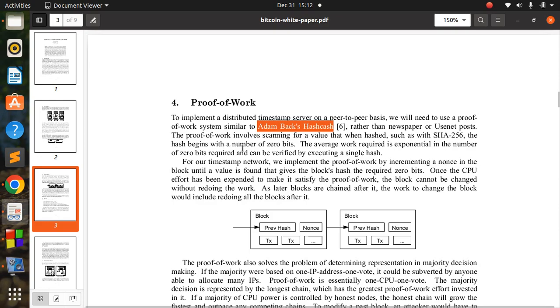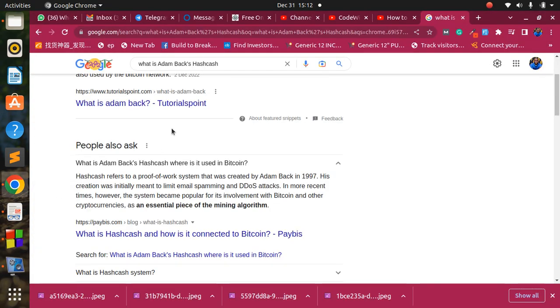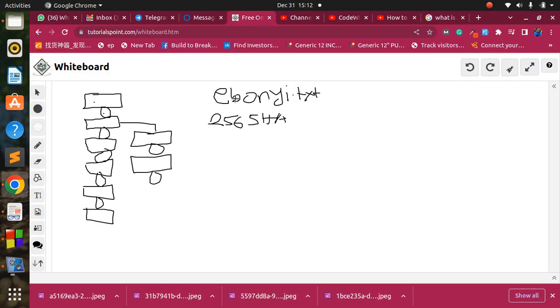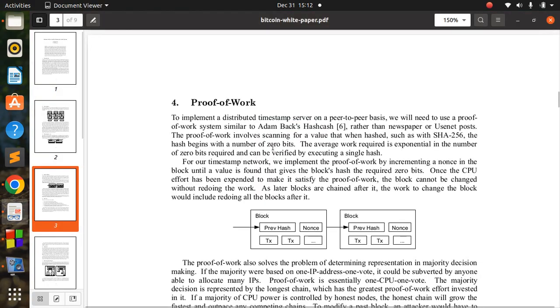Now, the proof of work involves scanning for a value that, when hashed, remember what I explained here, turning this into a long character. So that's what is being said here. It says the proof of work involves scanning for a value that, when hashed, such as with SHA-256, the hash begins with a number of 0 bytes.